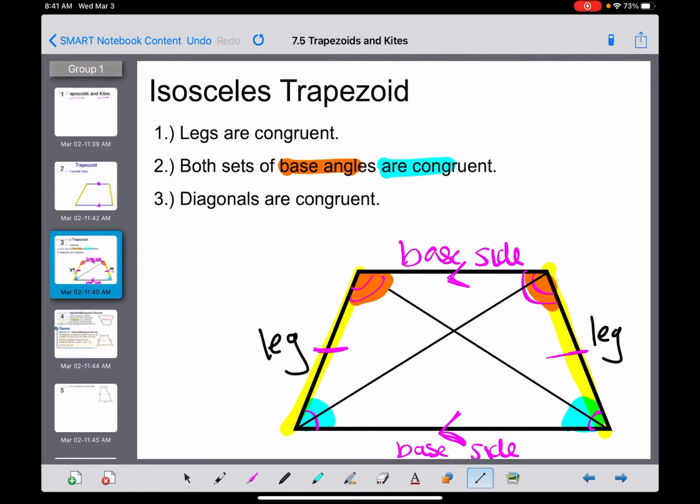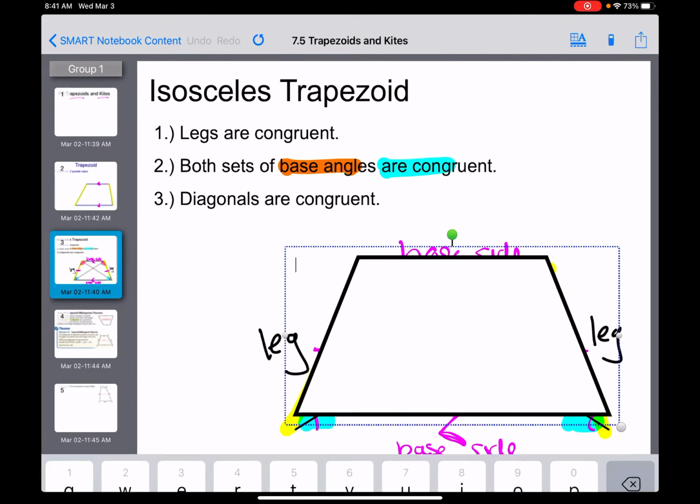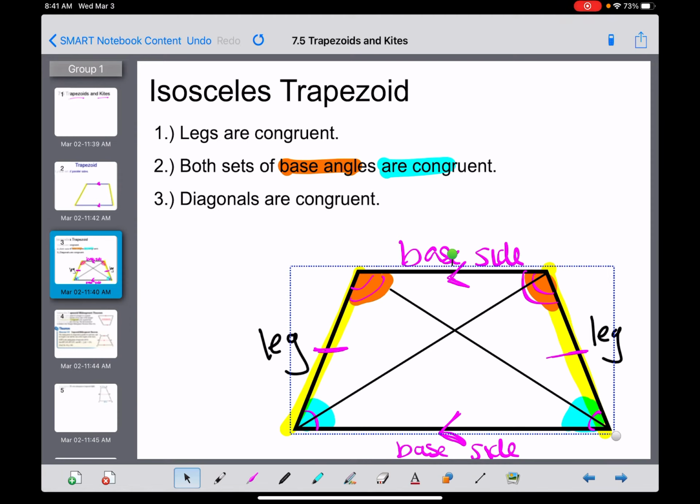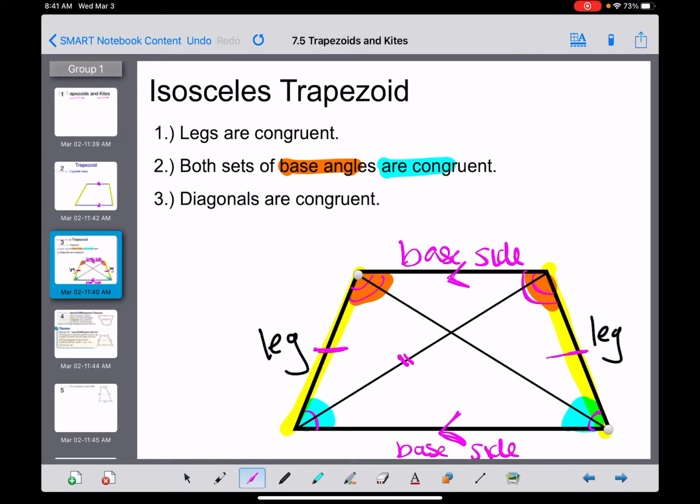So we have diagonals are congruent. This would be a good time to take a picture to represent the characteristics of an isosceles trapezoid.